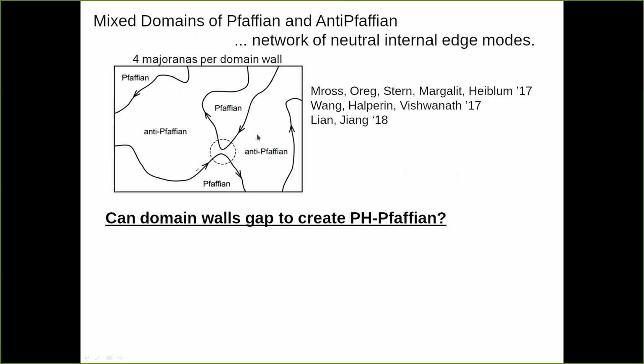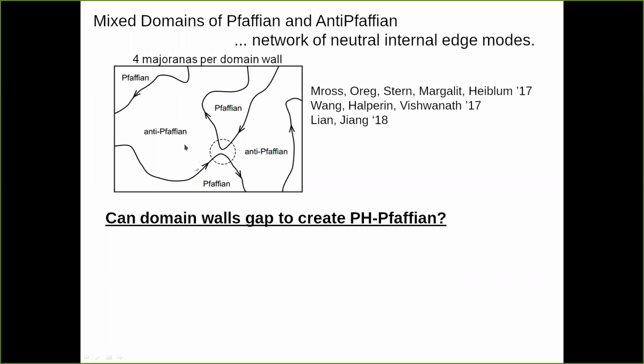Is there some way you can get these domain walls to couple together and then gap out in such a way to create a quantum Hall state, both electrical and thermal, something that's fully gapped to both electrical transport and thermal transport? If you could do so, you would necessarily get the PH Pfaffian, or you'd have to get something that's particle-hole symmetric, because this is exactly as much Pfaffian as it is anti-Pfaffian.